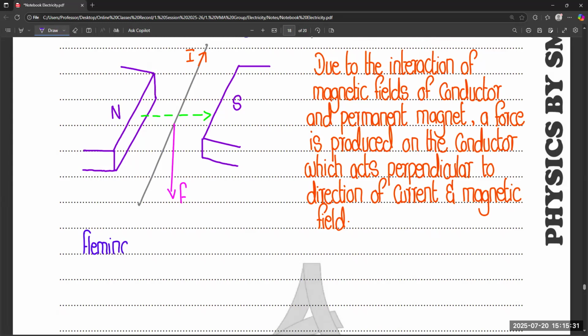So basically, when we have to use Fleming's left hand rule, first of all, we observe that the direction of magnetic field is given, direction of electric current is given. So to find out the direction of the force, we can use Fleming's left hand rule.